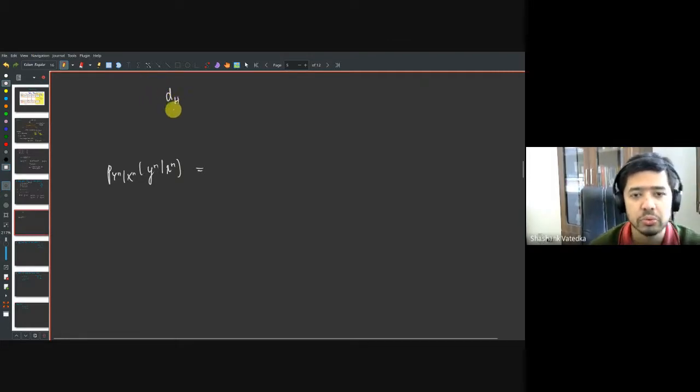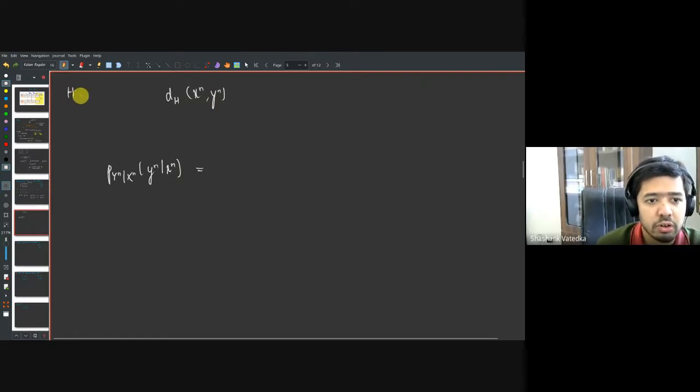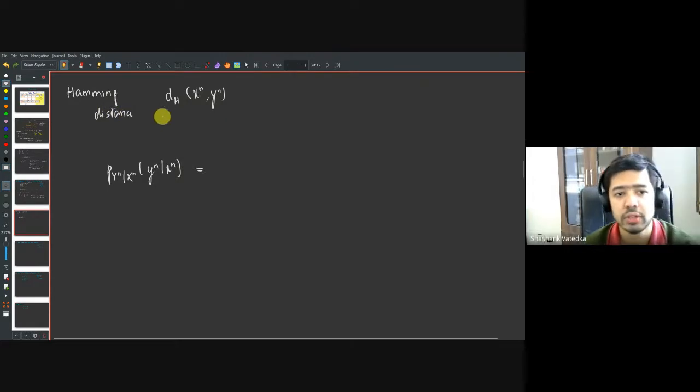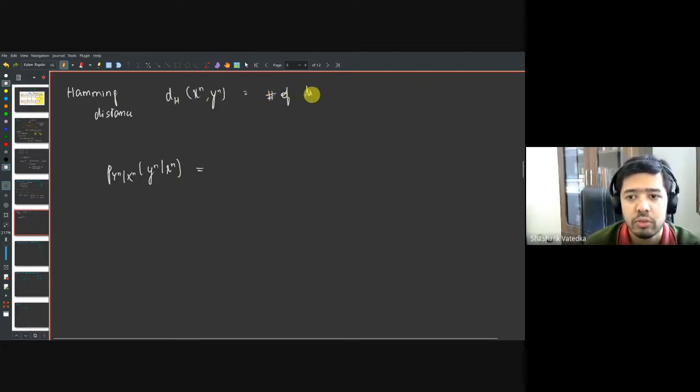Given any two sequences x^n and y^n, both of length n, I'll define d_H of x^n comma y^n, which is called the Hamming distance. The Hamming distance between x^n and y^n is basically just the number of locations in which x^n and y^n differ.